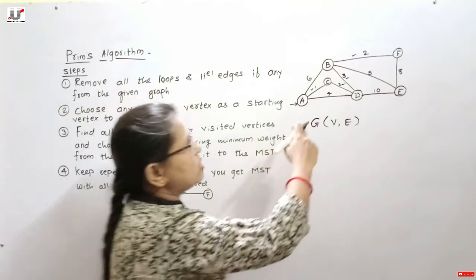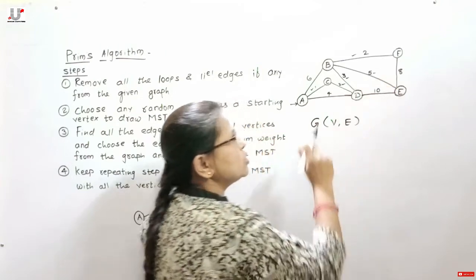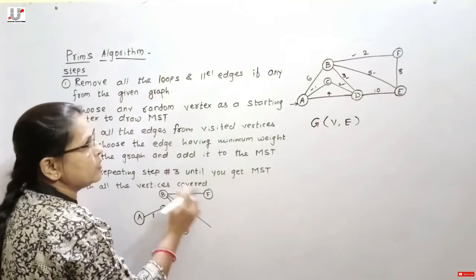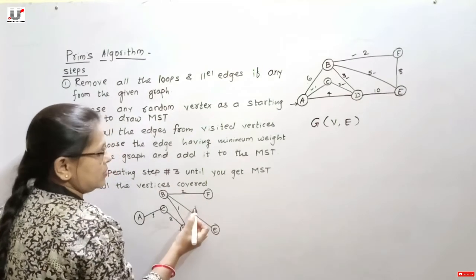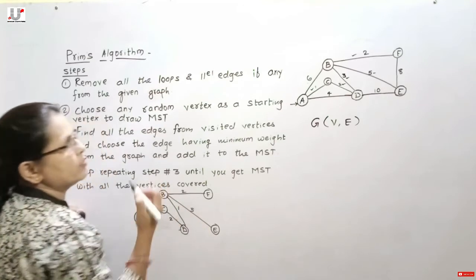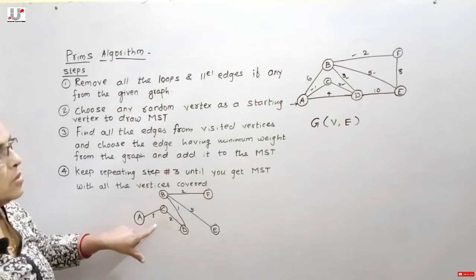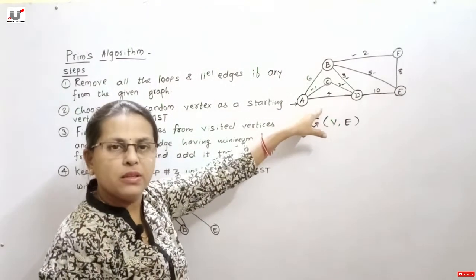Then the next smallest weight edge is 5. So include that edge 5 between B to E. So this is the minimum spanning tree of the given graph.